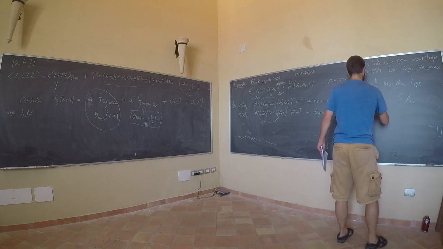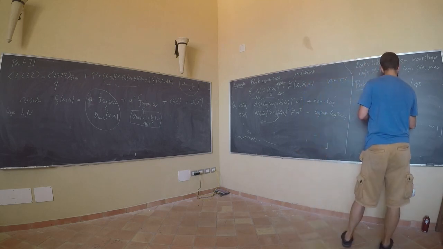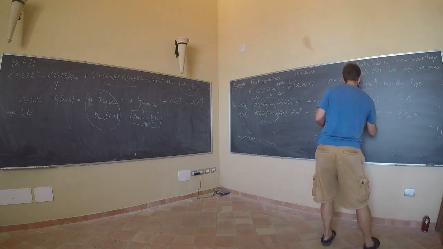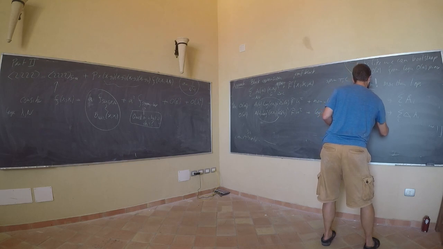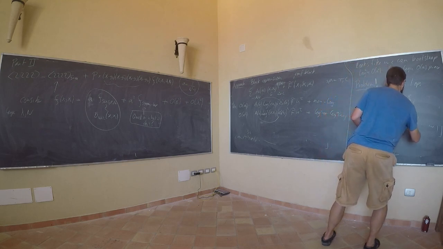Order A log U, I can extract by doing a block expansion: I can extract the sum of delta_I A_I. And then order A squared log squared U, I can extract the sum of delta_I squared A_I.